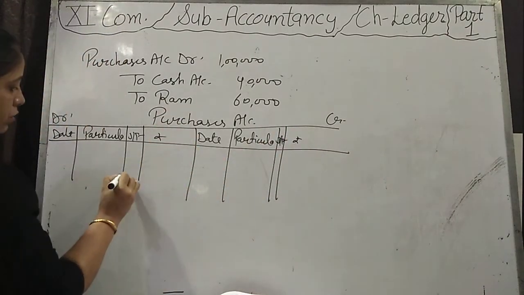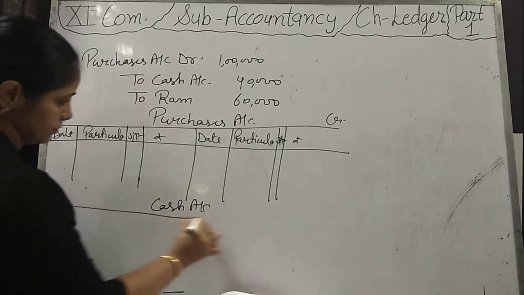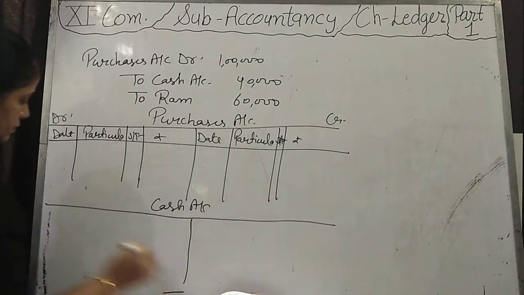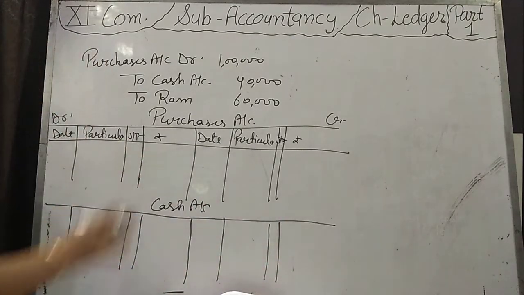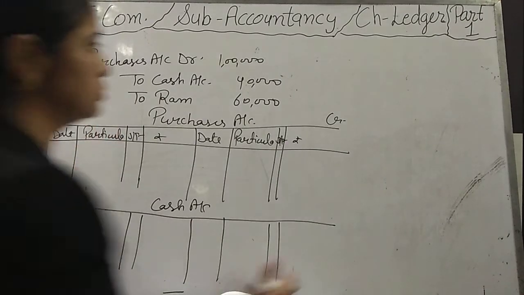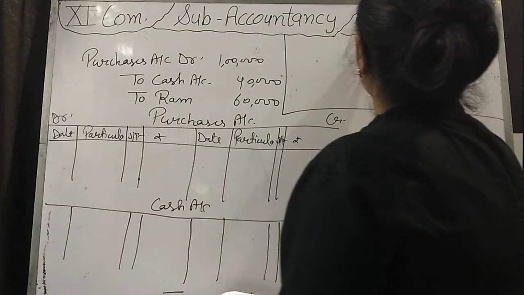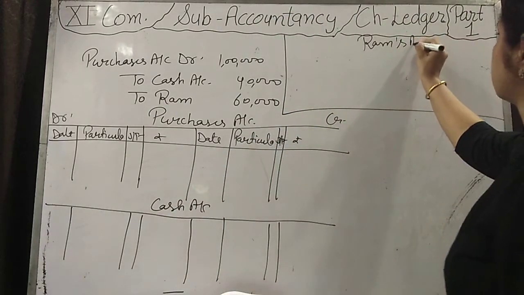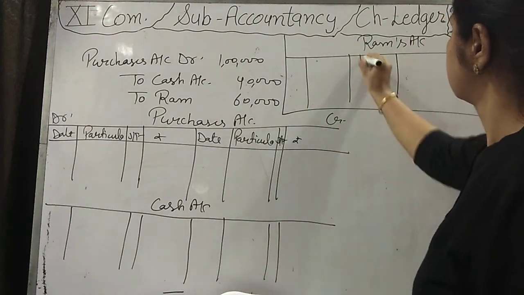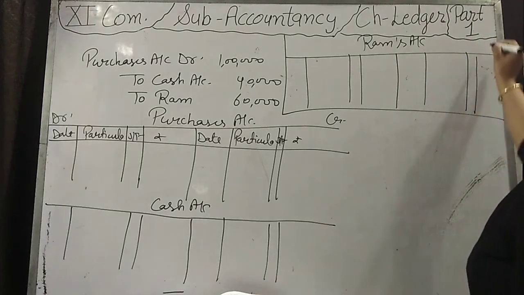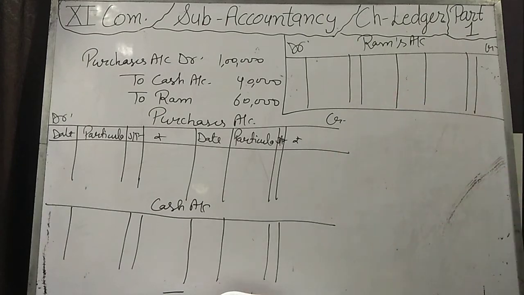Okay, now cash account, same. Now RAM account, okay, you will open these 3 accounts.